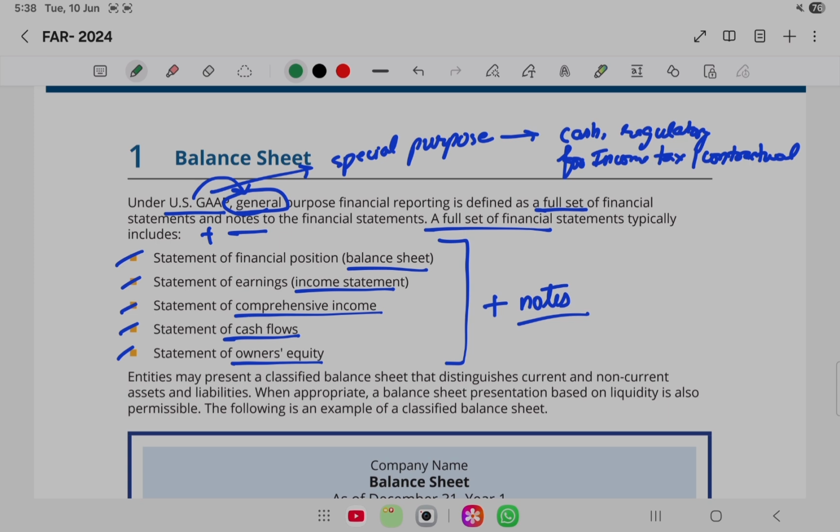So let's understand what a balance sheet is. It helps us in identifying the financial risk. Financial risk can be short term and long term. Short term shows the liquidity, and long term shows the potential growth or the solvency.